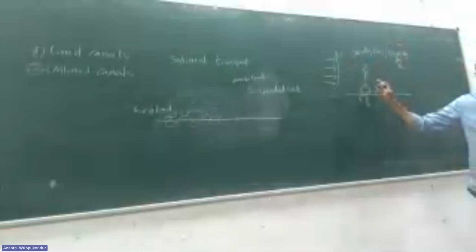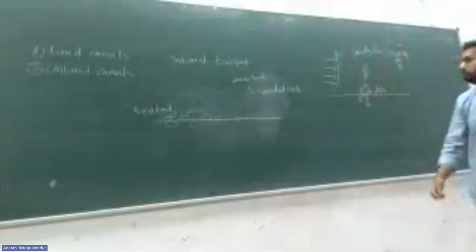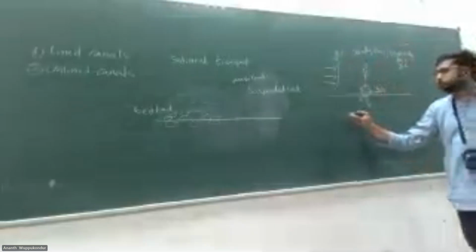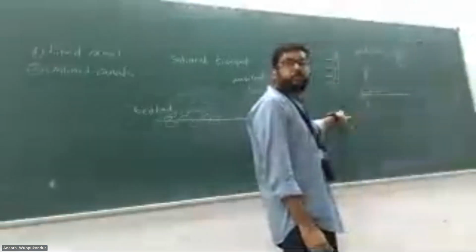Now, can we do a balance of these forces? So we want to balance the forces that are disturbing the particle and the forces that are resisting that disturbance. So what would be the balance equation? So what are the disturbing forces?